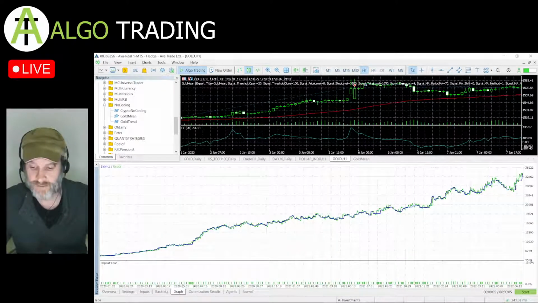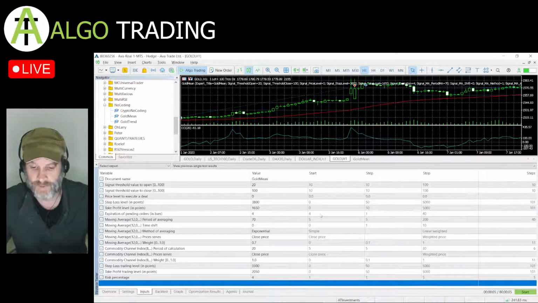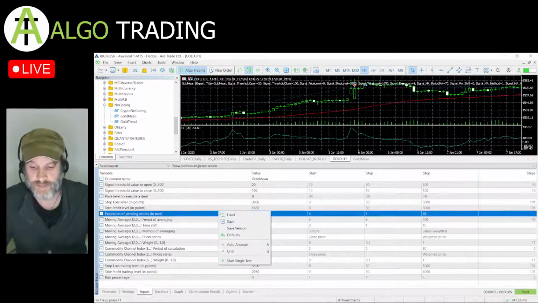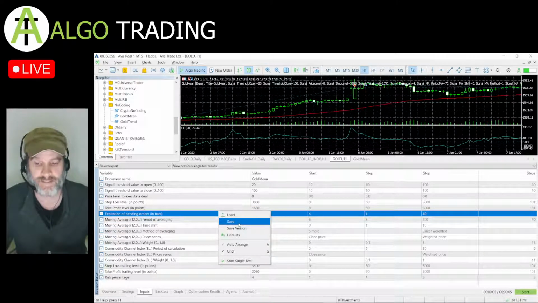I'm happy with this. Because we like the results of this one, we're going to save this setting. They're called set files. Whenever people talk about set files and you want to load set files, this is a set file. So I'll show you how to save your set file, put your EA onto a chart, and then load that set file.